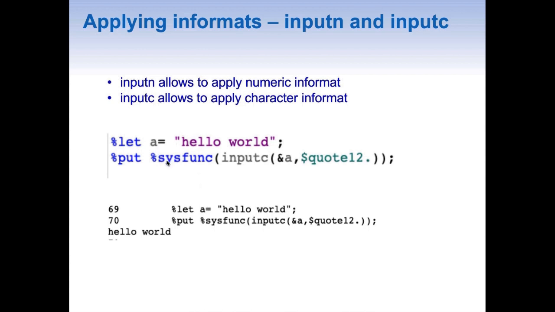And once I run these two lines of code, I see hello world. If you see, we have started with double quotes around, and by using this particular informat, now we have hello world without having any quotes.